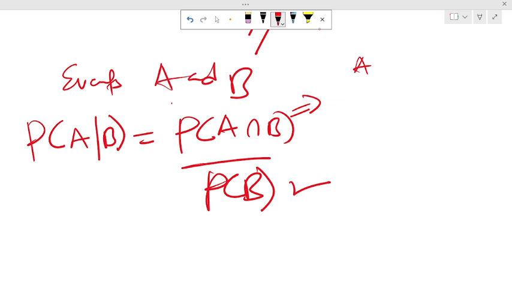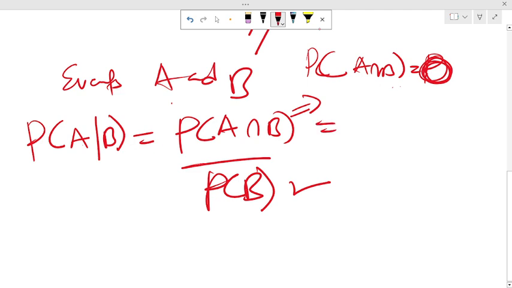So if A intersection B is equal to 0, then the two events cannot occur together. So if that is true, then the probability of A given that B has occurred will be 0. I hope we get it up to this point.